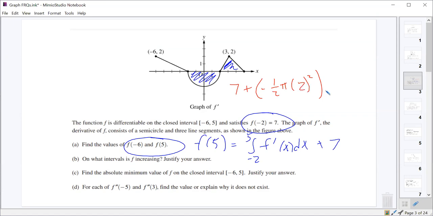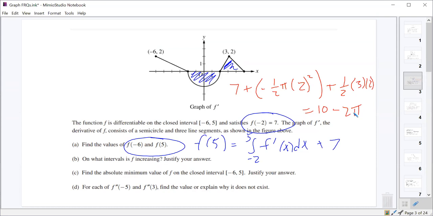And then we also have to add this blue triangle up above. 1/2 base times height. So we end up with 7, and we end up with a plus 3 here. So that ought to be 10 minus what? 2 pi. So f of 5 is 10 minus 2 pi.